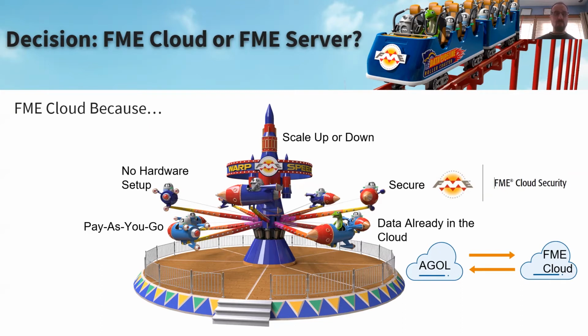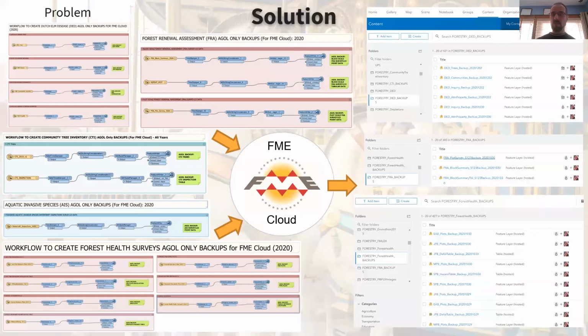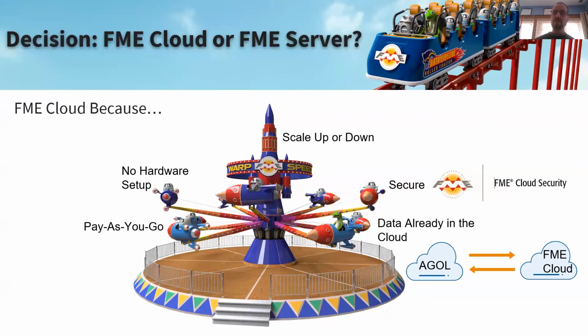Security was important, and there was this FME Cloud security white paper that I received, and I passed that on to our IT folks. I'm assuming they read it because I did end up getting the okay to proceed with FME Cloud.